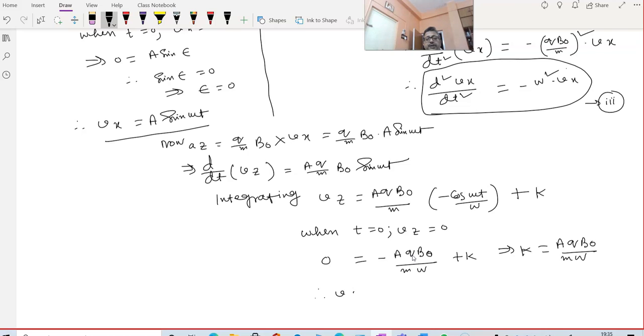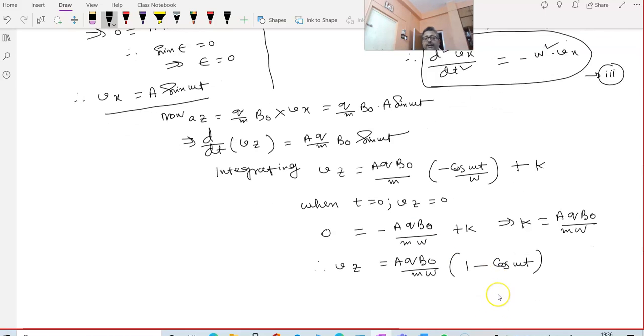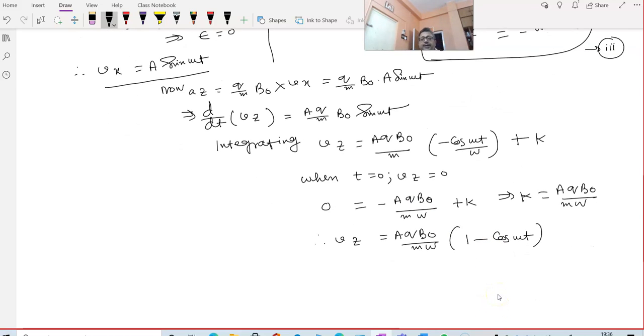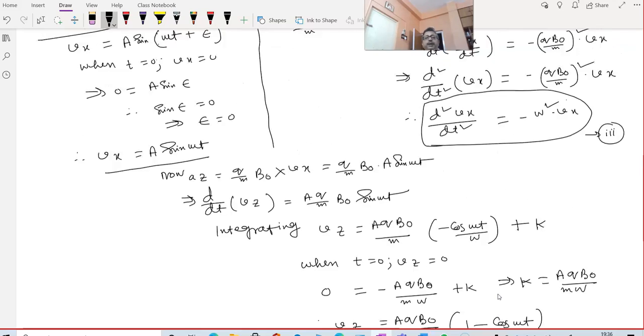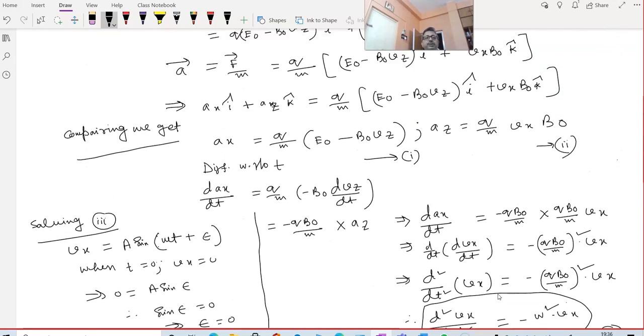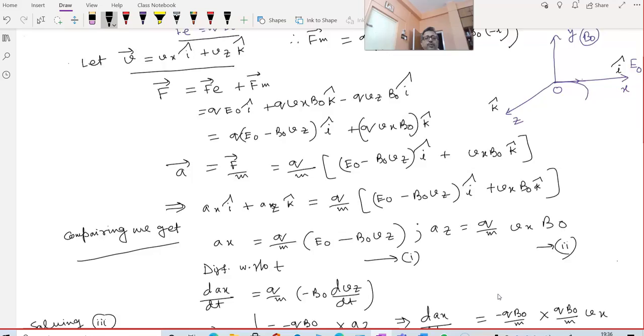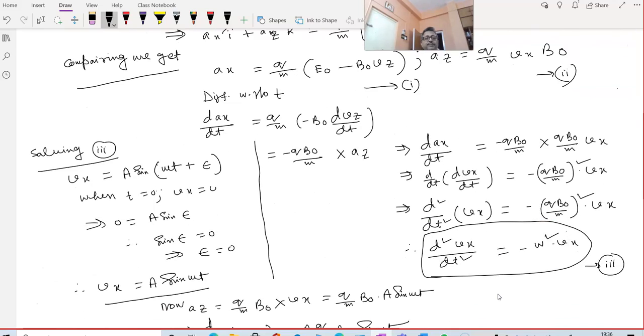Therefore, Vz is going to be A Q B0 by m omega, one minus cos omega t. Now A I did not find. I will find it. Another thing, omega is B Q0 by m, no? The value of omega is that.